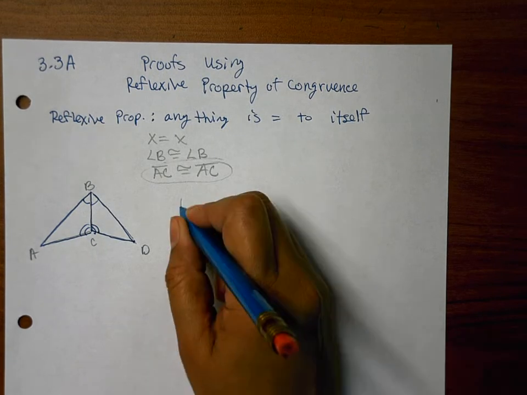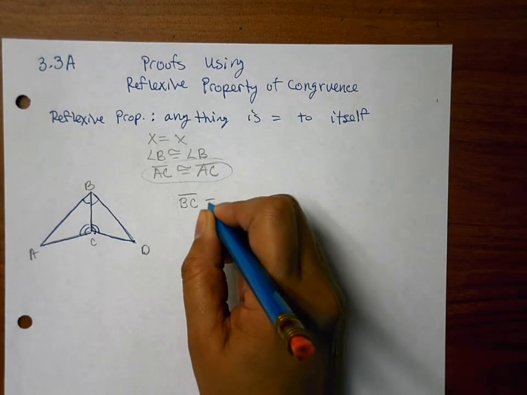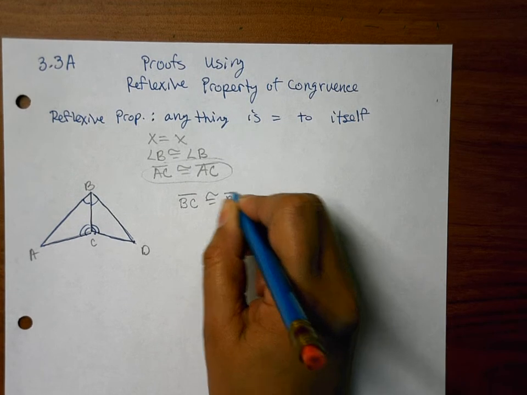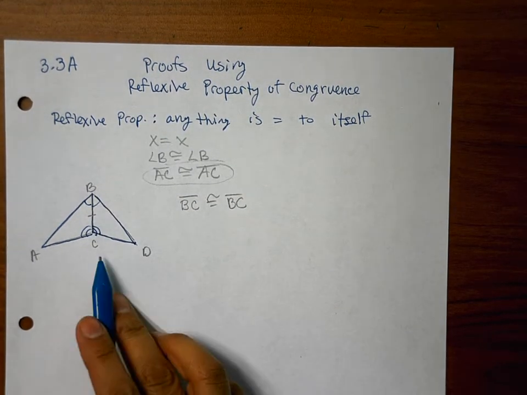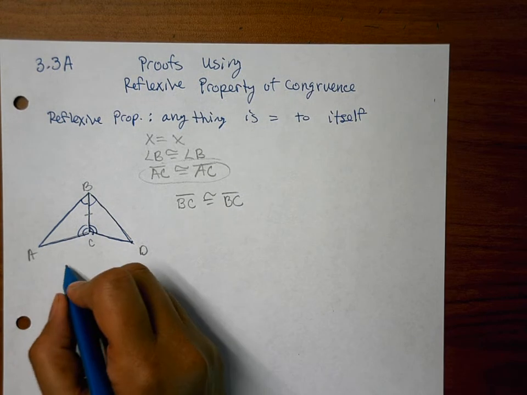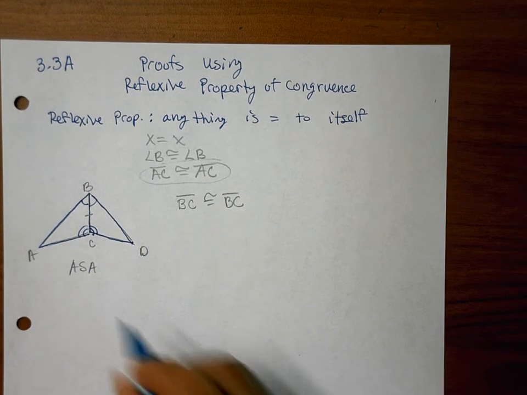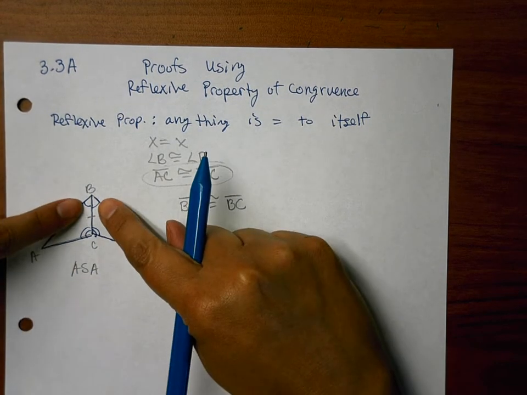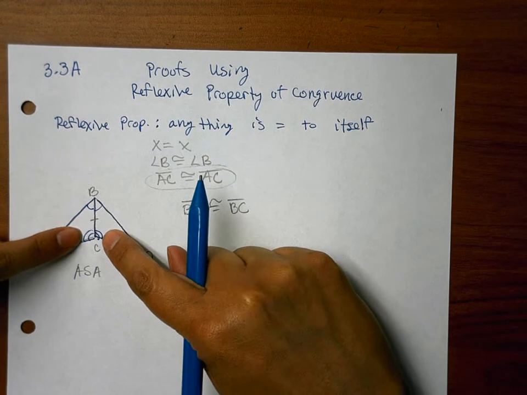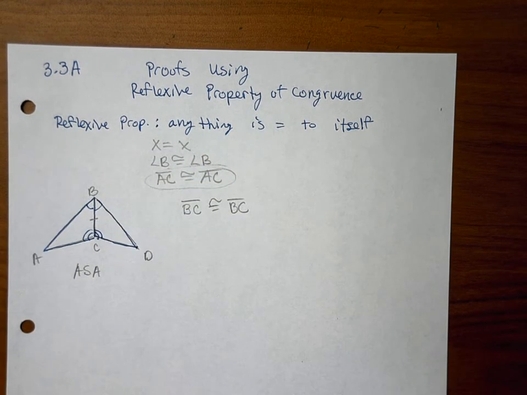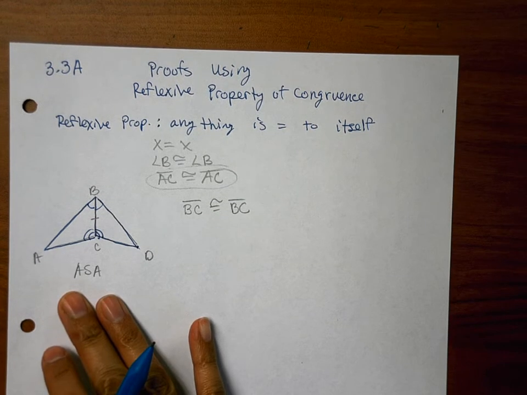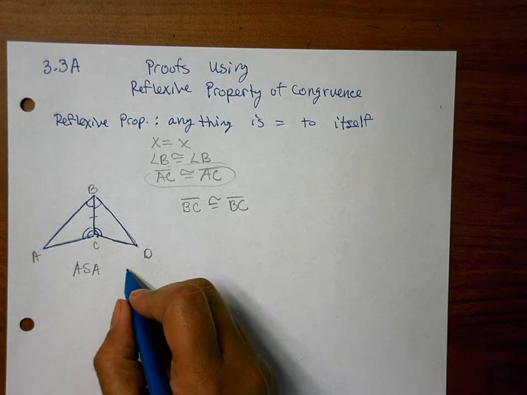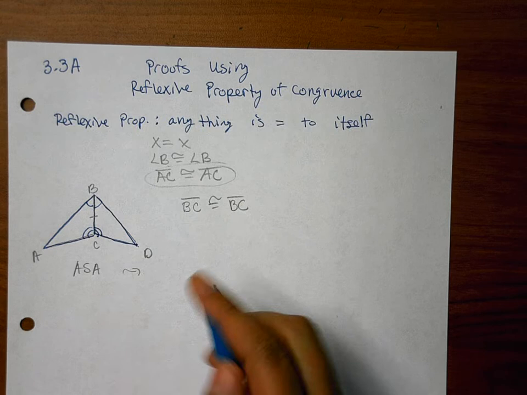With just those markings, not necessarily, but because BC is congruent to BC by the reflexive property, we can now say the two triangles are congruent by angle, side, angle. Do you see that? The side is sandwiched between.